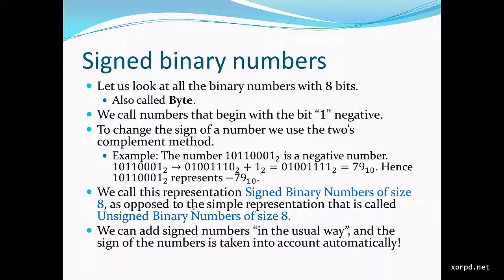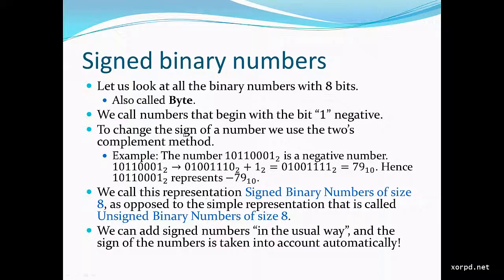We call this representation of numbers the signed binary numbers of size 8, as opposed to the simple representation that we learned earlier, that is called unsigned binary numbers of size 8. What does this notion mean? What does signed mean? It means that it has a sign, a sign of plus or minus, kind of a virtual sign.